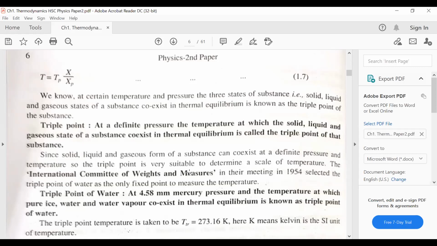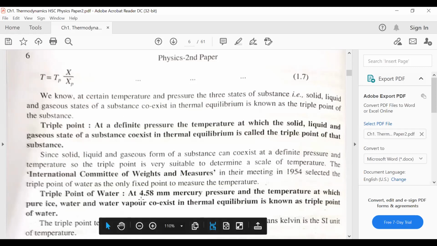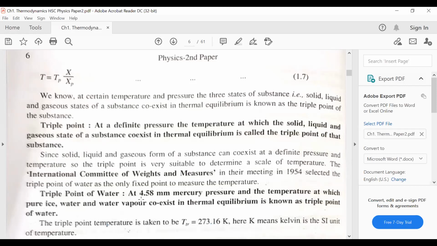Atmospheric pressure is 760 millimeter of mercury. See, this is very low compared to that. So the usual pressure around us is 760 millimeter of mercury.